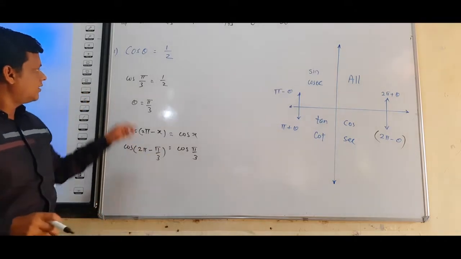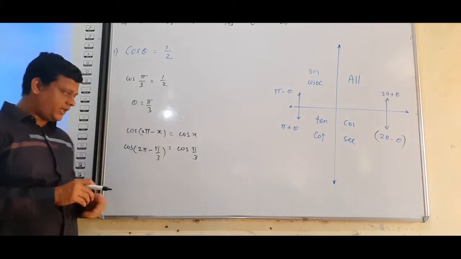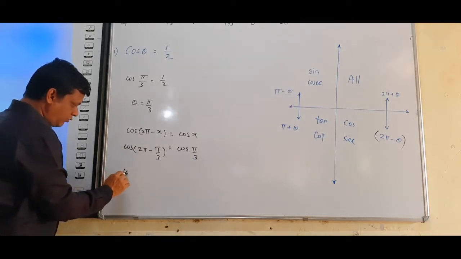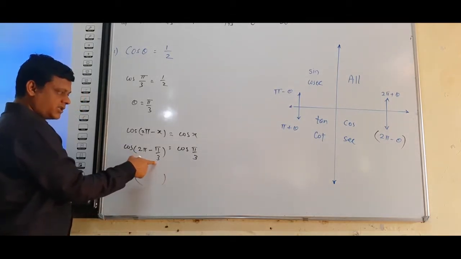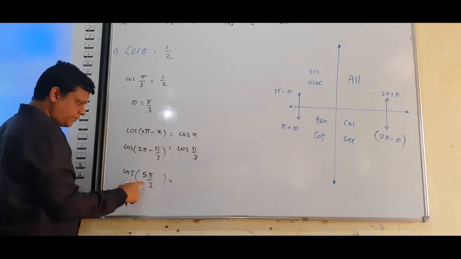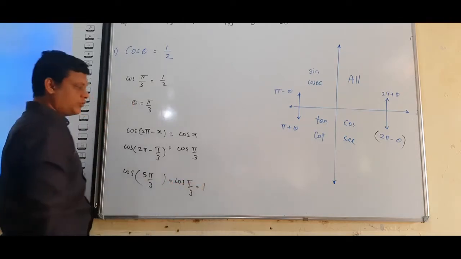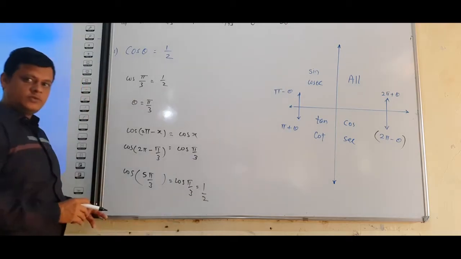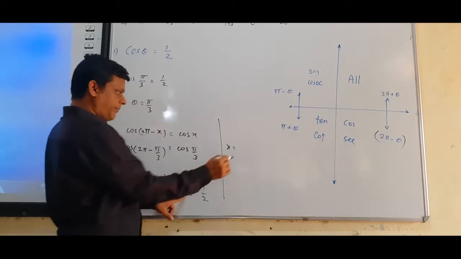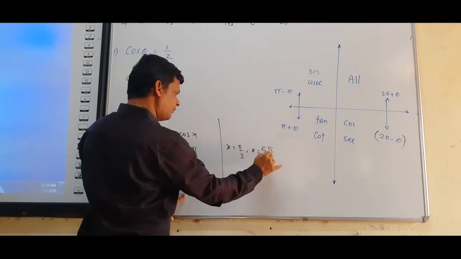That means cos pi by 3 is 1 by 2. Instead of cos pi by 3 we can write this as cos 2 pi minus pi by 3. After solving we get cos (6 pi minus pi), that is 5 pi by 3. That means the value of cos 5 pi by 3 and the value of cos pi by 3 is the same, which is equal to 1 by 2. So the principal solution is x equals pi by 3, x equals 5 pi by 3.